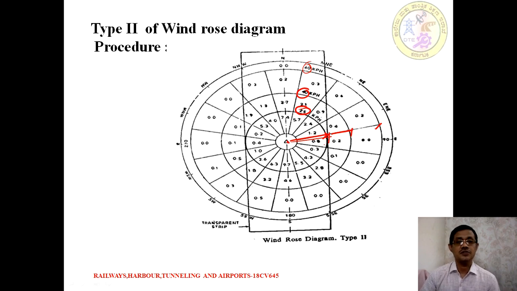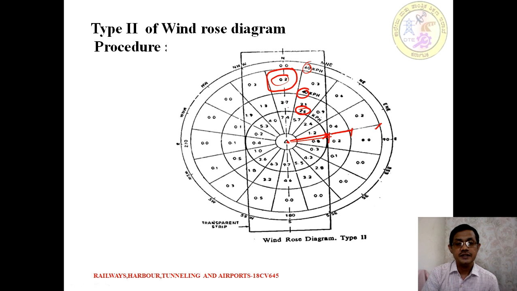After that, each of the sectors is filled with its numerical value. For example, in this case, when the wind intensity is 40 to 60 kilometers per hour, it has 0.2% covered in the north direction.